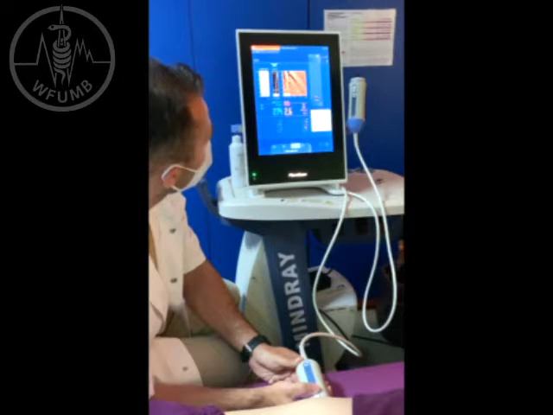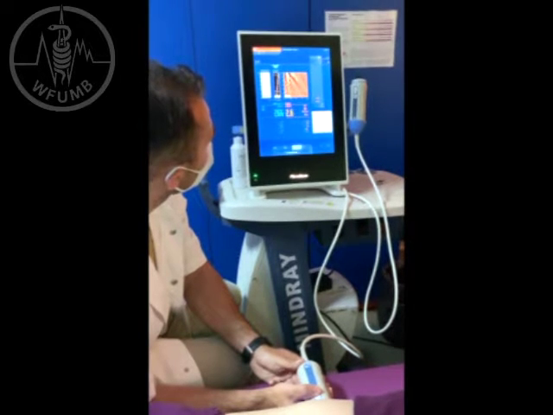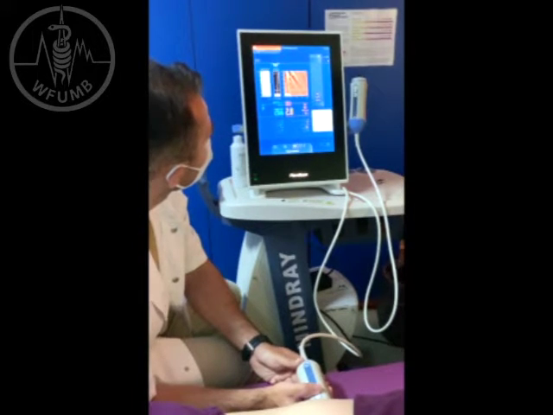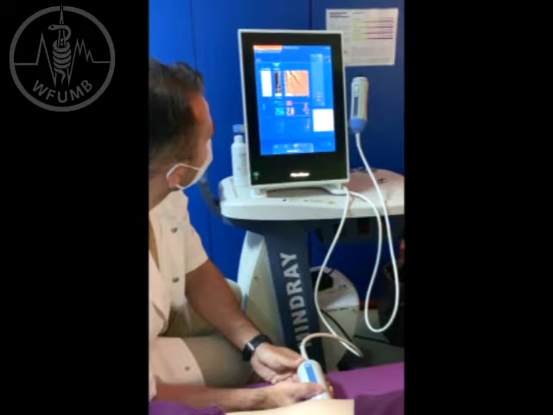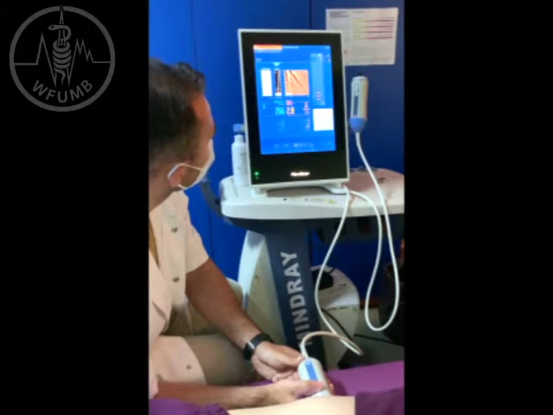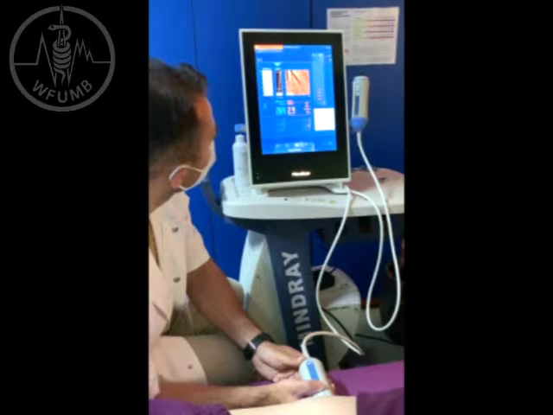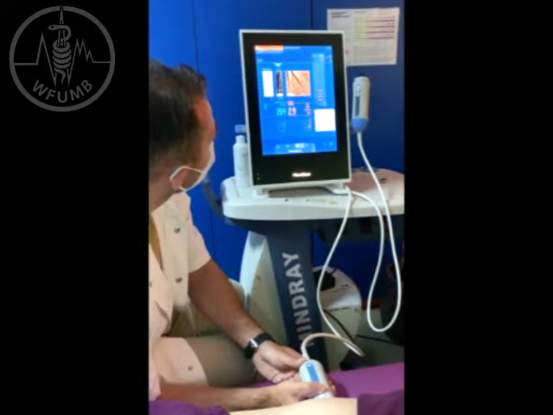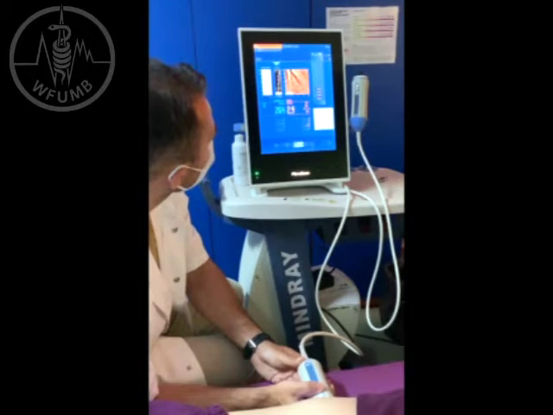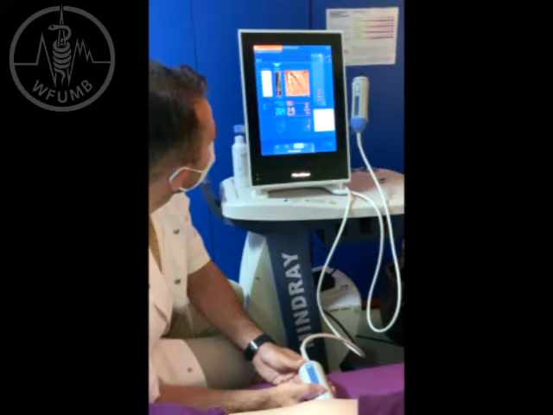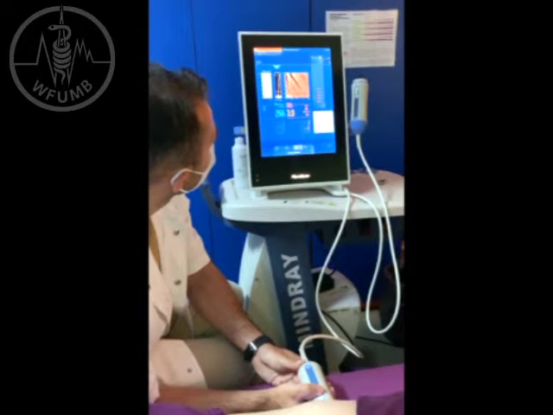With this system, we also have liver steatosis quantification using the controlled attenuation parameter, which is displayed on the left side of the image. Okay, now I will perform 10 measurements and we will discuss the results.